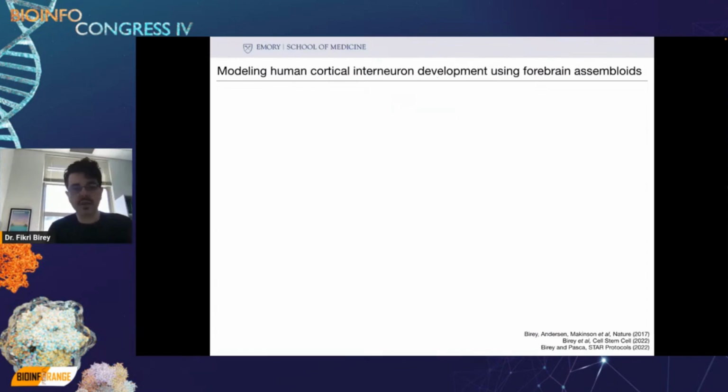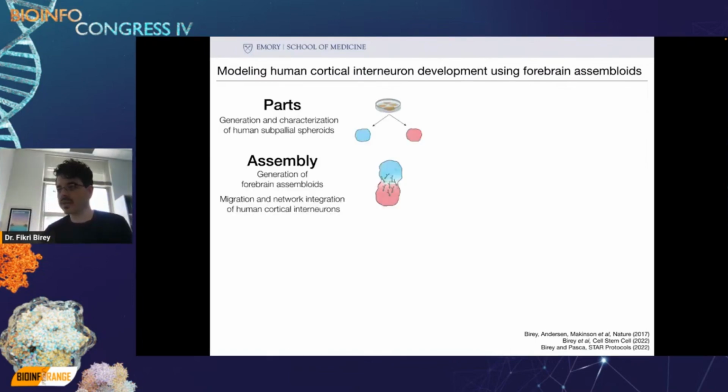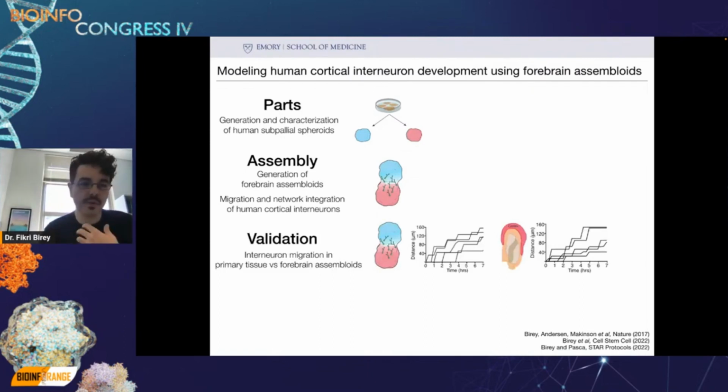But for the rest of my talk, what I would like to do is take you back and walk you through the steps of how we built the first assembloid model, the forebrain assembloids, going from the parts of the assembly and how we validated it using primary fetal tissue, which is a hugely important part of any in vitro model.